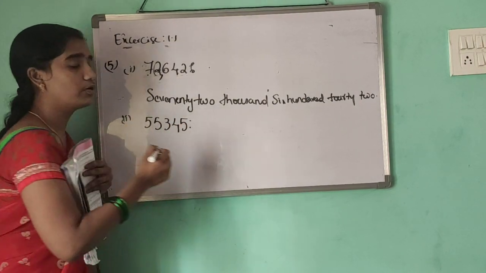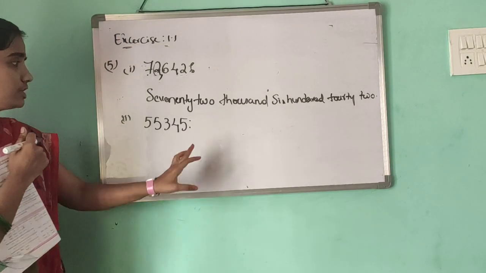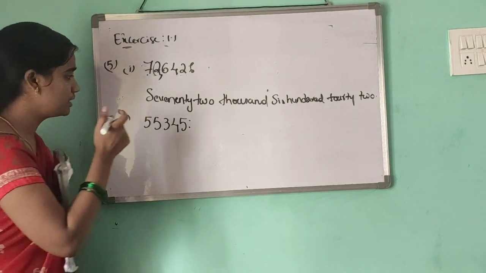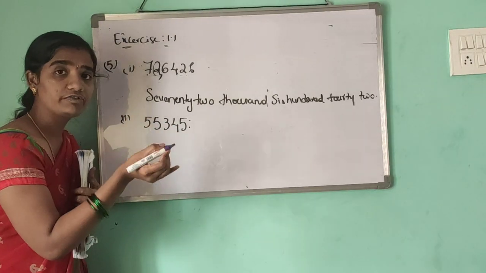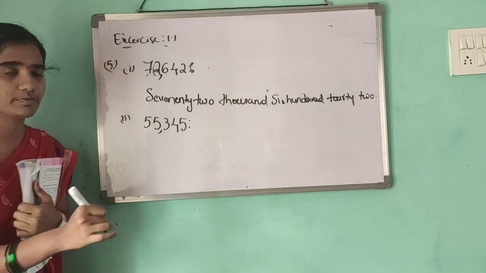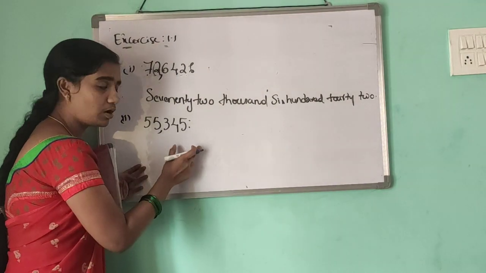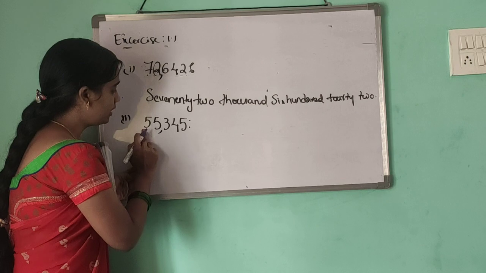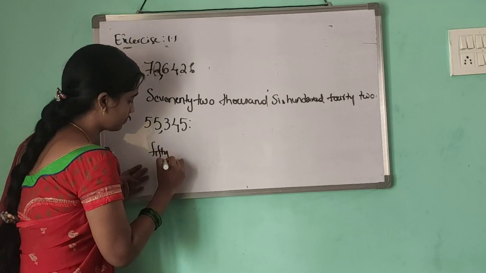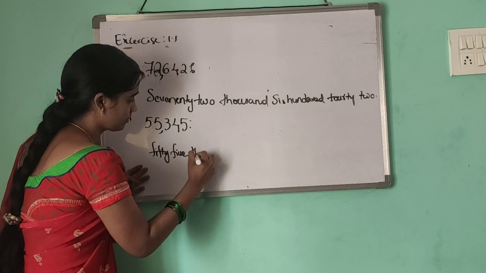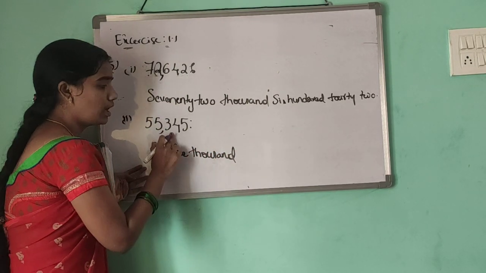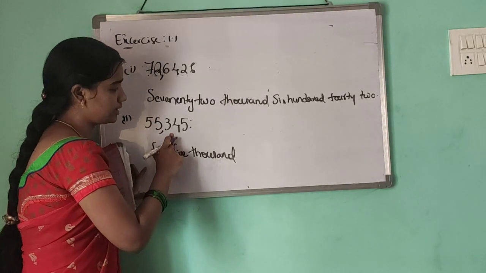I will explain one more example. 55354. This also we have to check how many digits are given first. Ones, tens, 100, 1,000, 10,000. Okay, 10,000 place. In the Indian numeration system, the comma comes after every 3 digits. So how to put the comma after 3 digits. So here 55,000. 3 is in which position? 100 position.